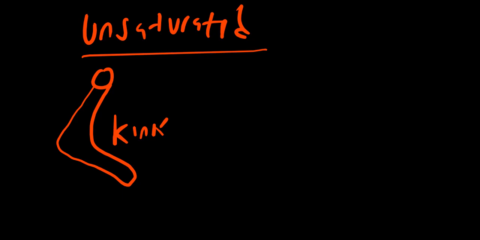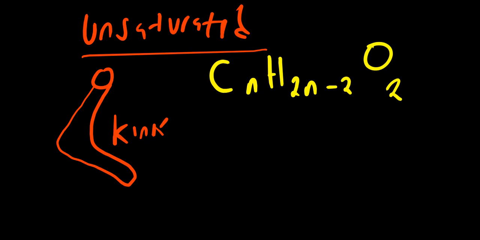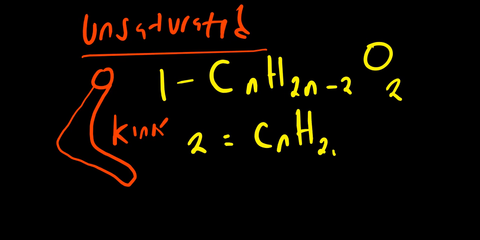Now the empirical formula for an unsaturated fatty acid with one double bond is CnH2n minus 2 O2. Then the one that has two will be CnH2n minus 4 O2.